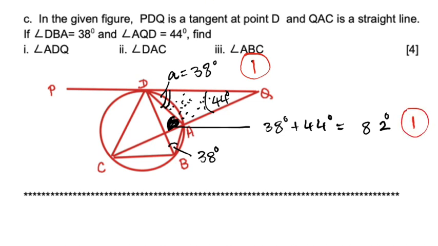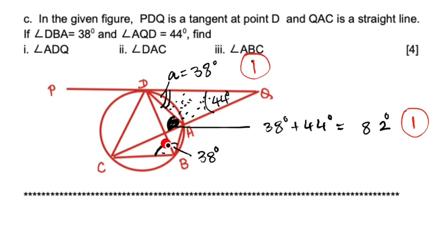We come to the angle ABC. Your ABC. ABC is this full thing. Correct? So I have to first find this angle here. Now can you see that DAC and DBC, these are angles in the same segment.